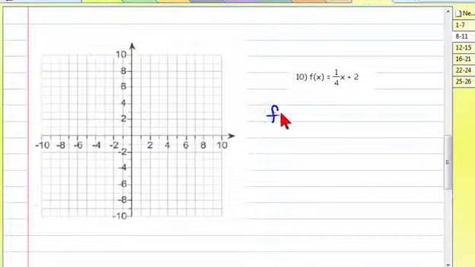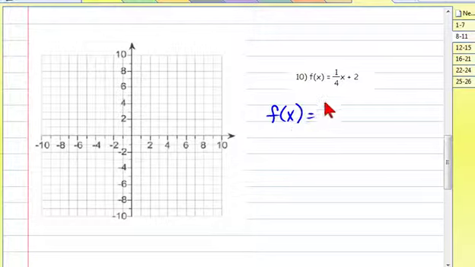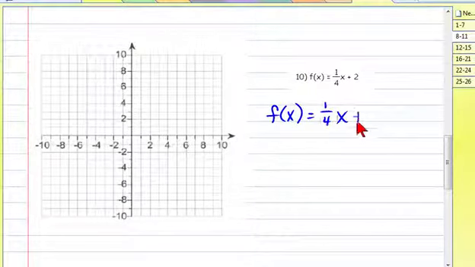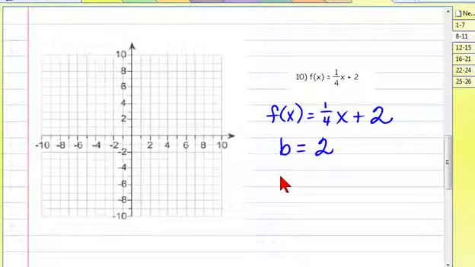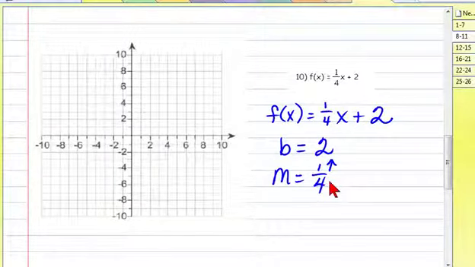I have f of x is 1/4 x plus 2. Where will I begin? At 2, and remember it's on the y-axis. The slope is 1/4, which means up 1, right 4.